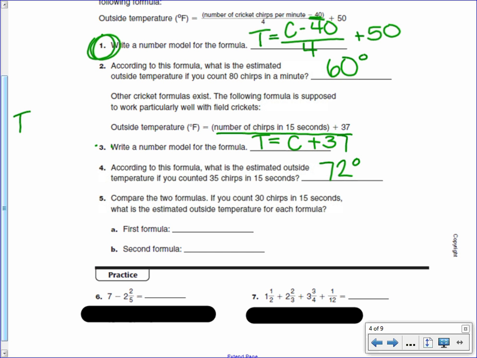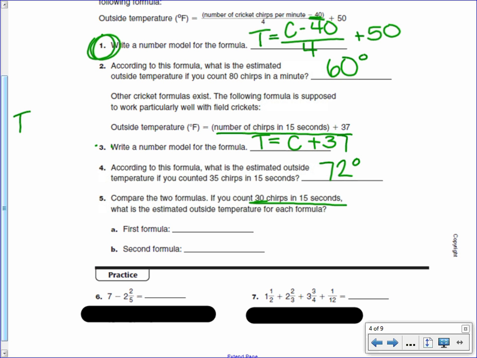So maybe if you times that. Okay, so they asked you to stop, so please stop. There are 15 seconds and 60 seconds. Because remember, there's 30 chirps in 15 seconds, but how long did you have to count chirps in the first one? For a minute. Per minute.